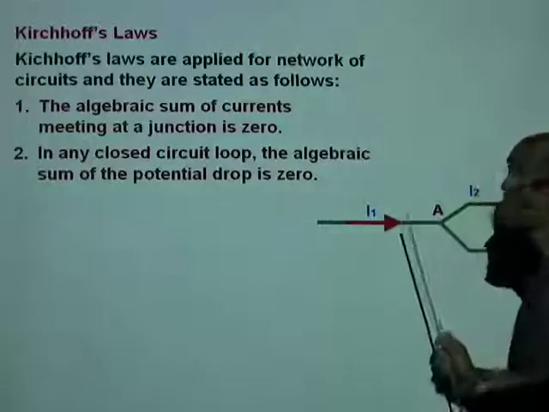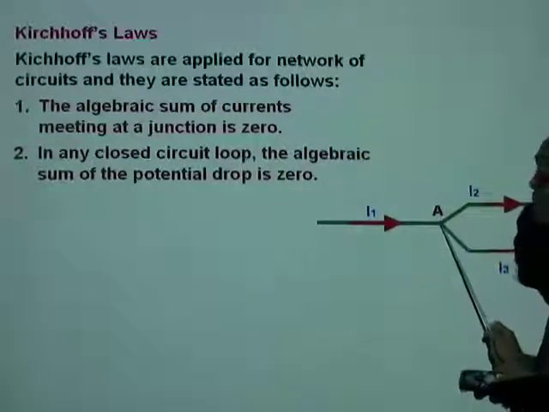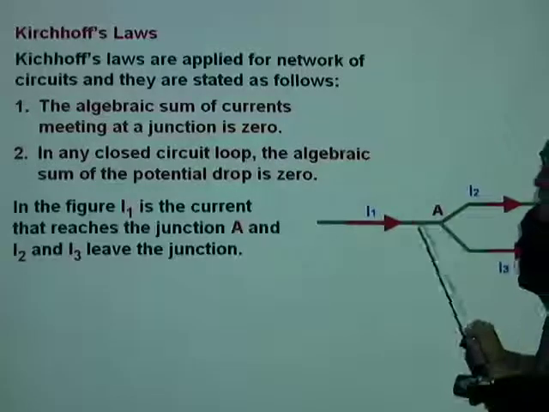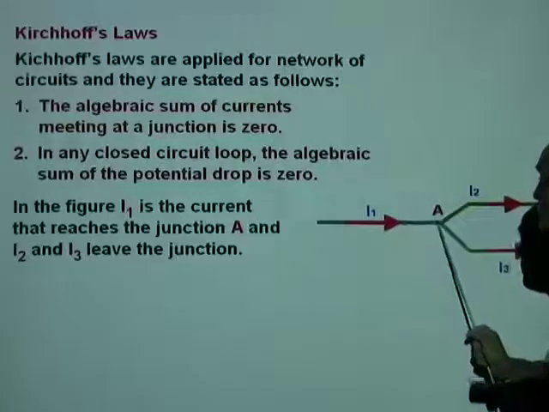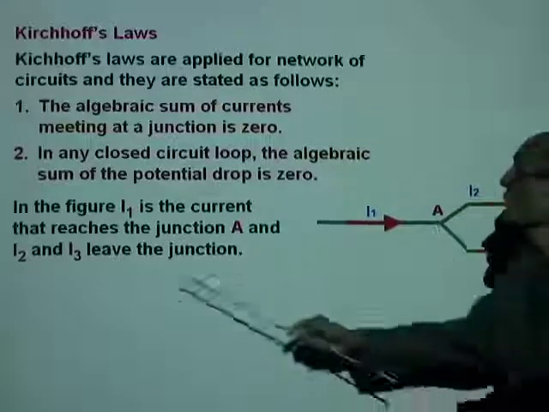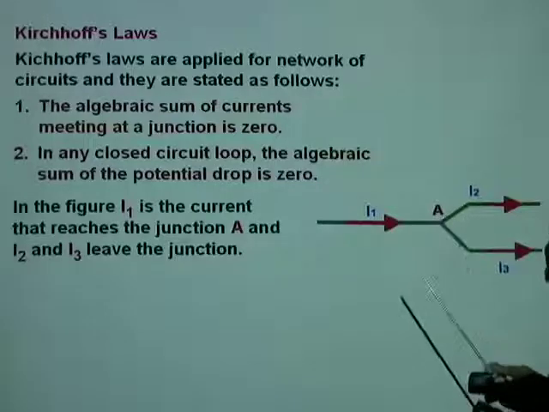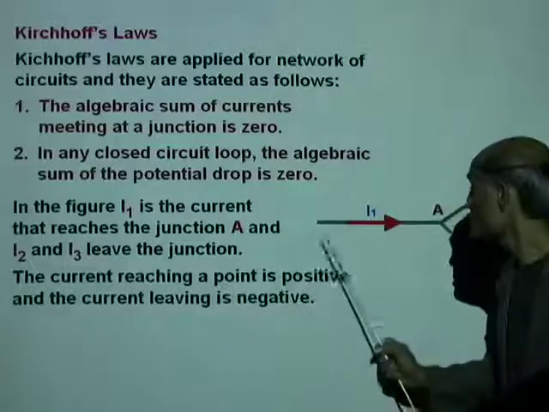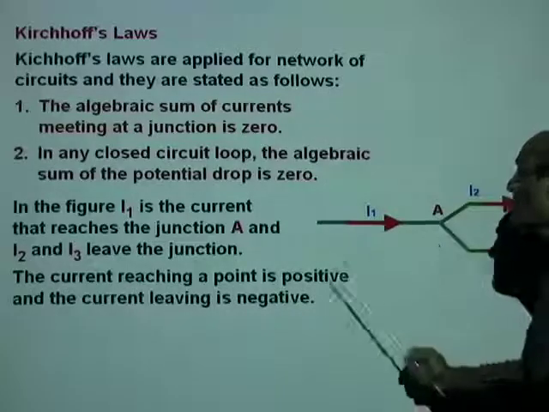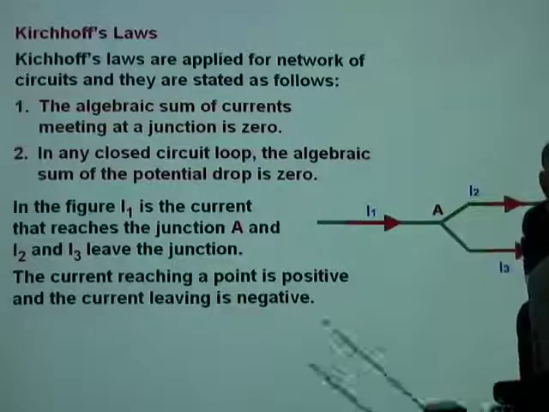Statement one says the algebraic sum of currents meeting at a point is zero. So in here, I1 is the current that reaches the junction A, I2 and I3 leave that junction. That means the current reaching a point is positive and the current leaving that point is negative.